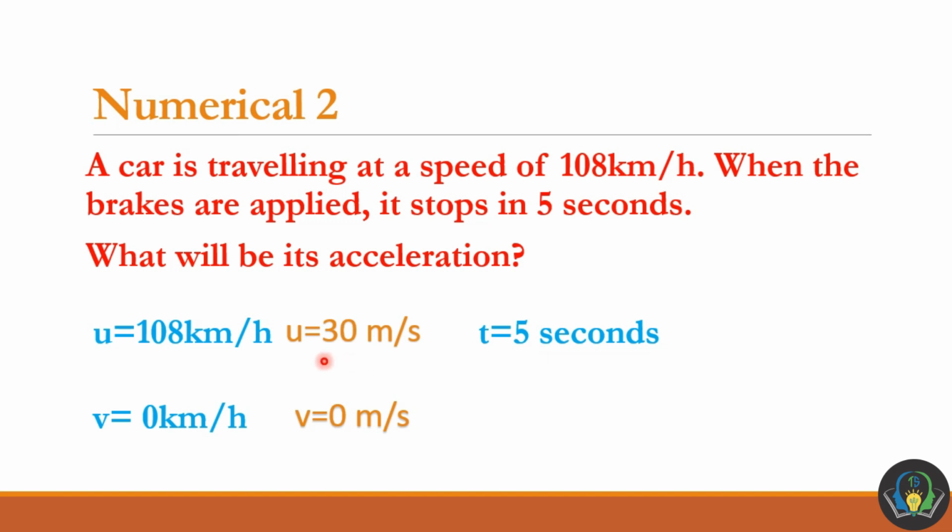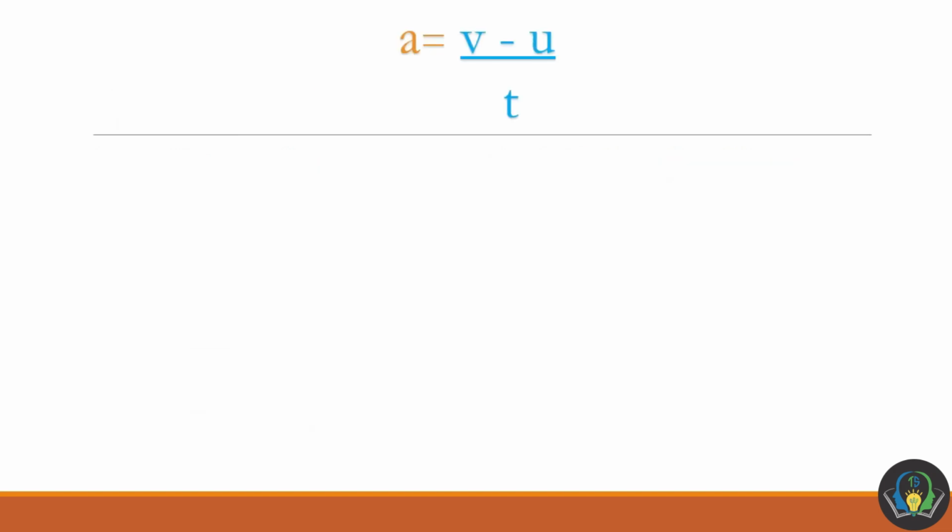Initial velocity 30 meter per second, final velocity 0 meter per second, and time taken for this whole change is 5 seconds. Now you need to understand that the brakes are applied, so it is coming to rest. So let us put into the equation: a equals v minus u upon t.